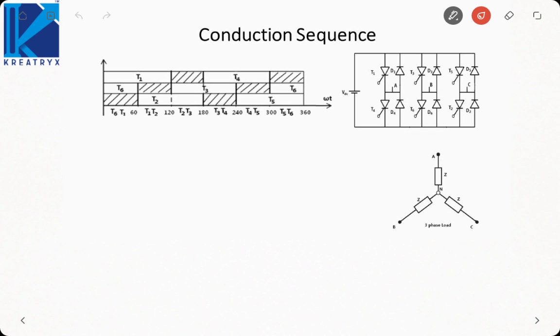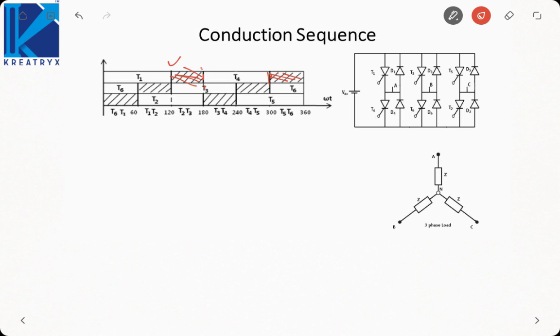So if we see the inverter construction is same, the load will be identical, just the conduction sequence will change. So from 0 to 120, T1 will conduct, then this shaded portion indicates the area left for commutation. Then at 180 degree, T4 will start, but it will now only conduct up to 300, not 360. This 60 degree is left for commutation.